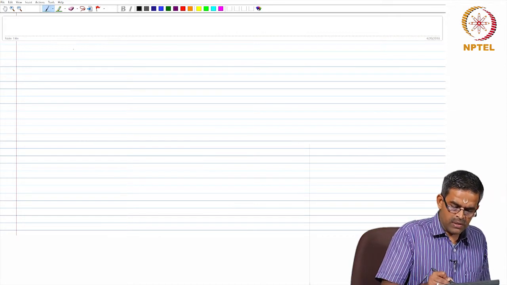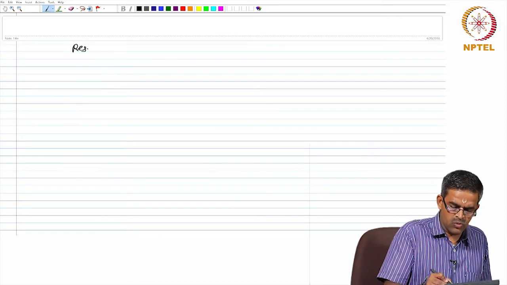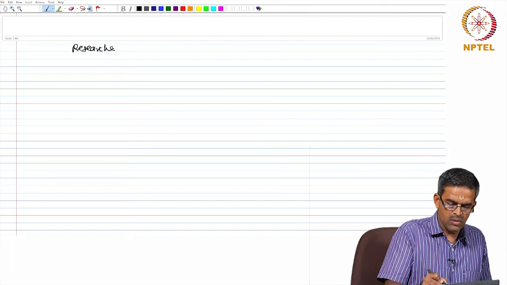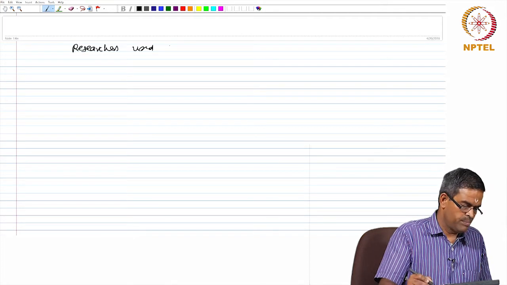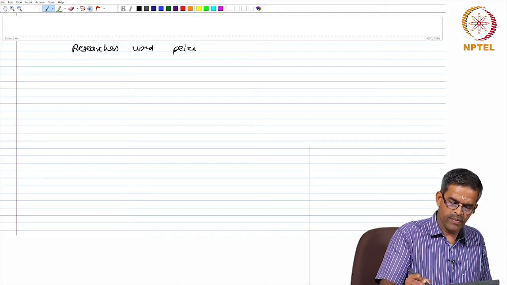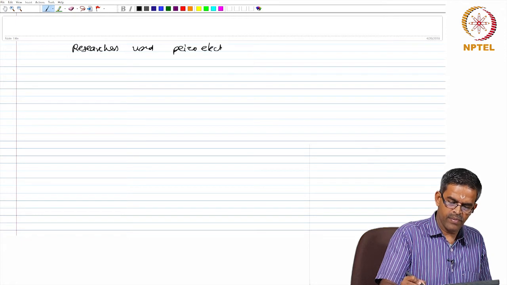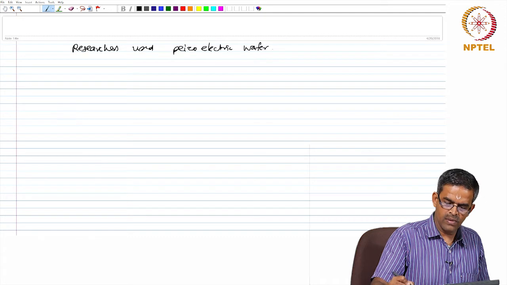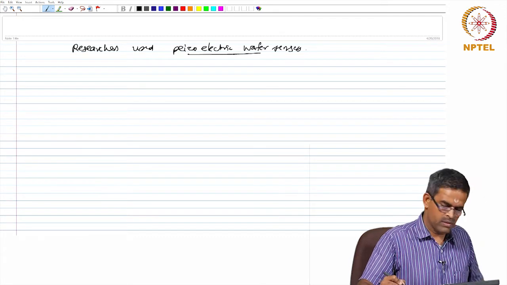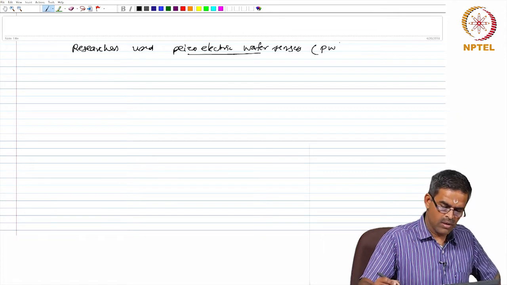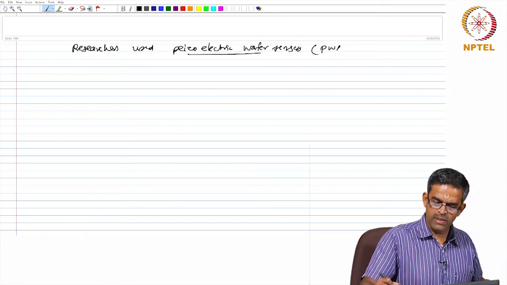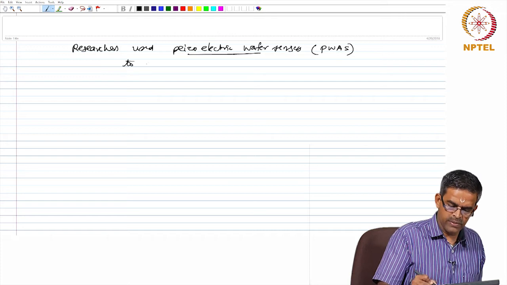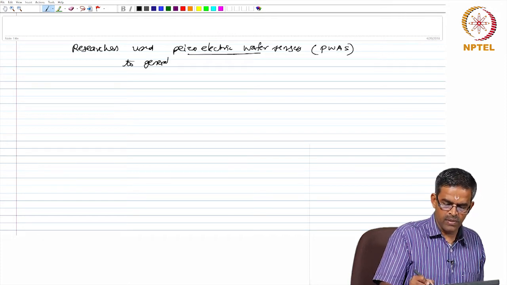In the recent past, researchers have also used piezoelectric wafer sensors. These are called piezoelectric wafer active sensors, used to generate guided waves.